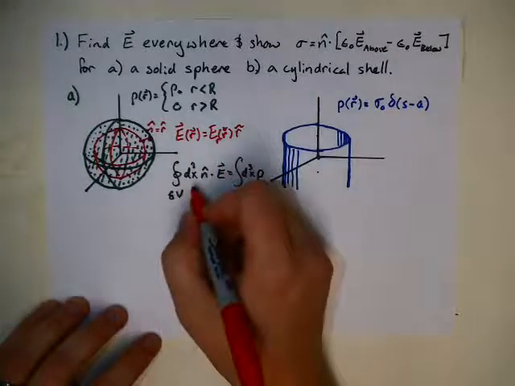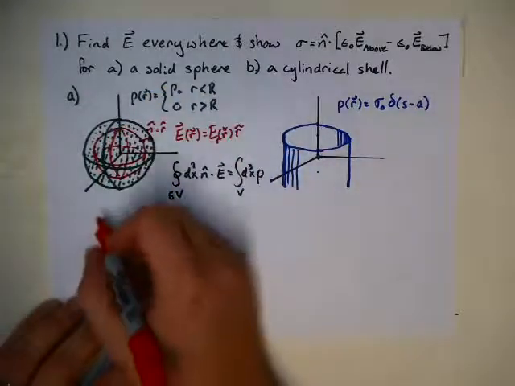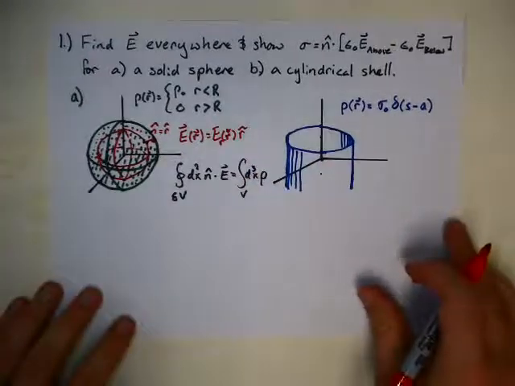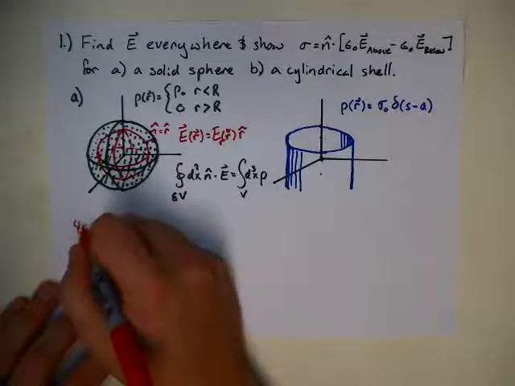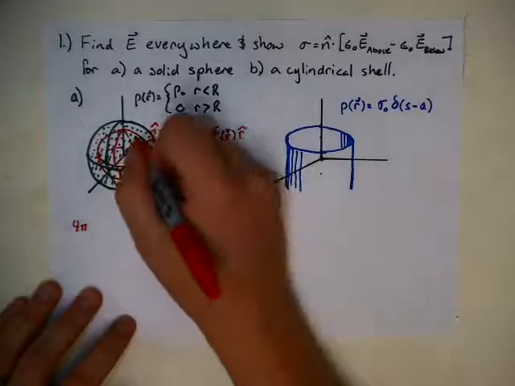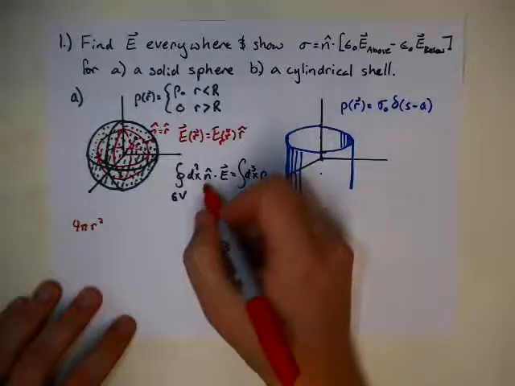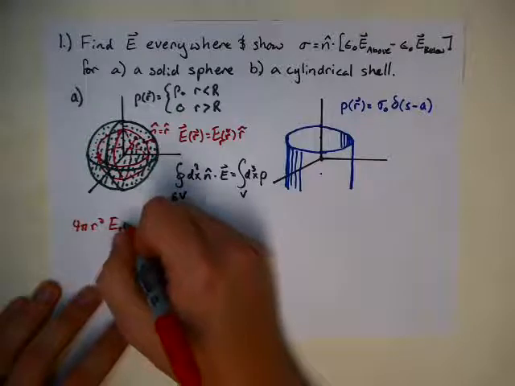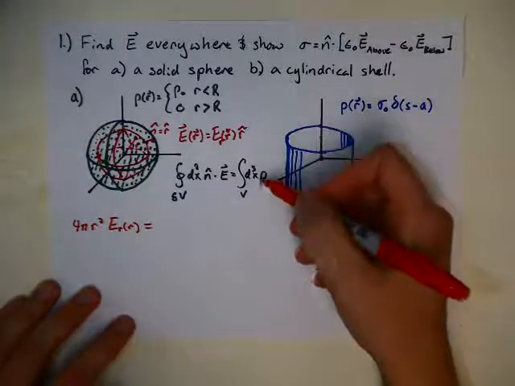And since this is uniform over the surface, since r doesn't change over the surface of the sphere, the left-hand side of the integral form of Gauss's law is going to give us 4 pi, we have to choose a radius, we're going to make that little r squared, times n hat dot E, which is just the r component of E as a function of r. And then we have to evaluate this side.